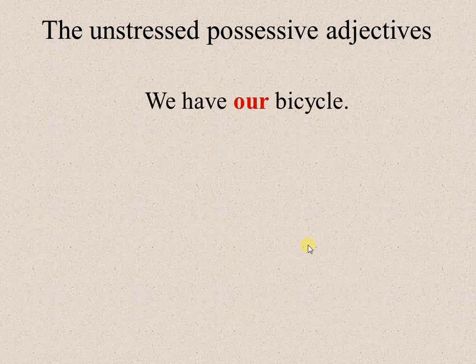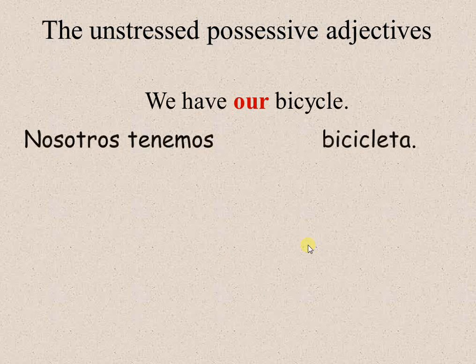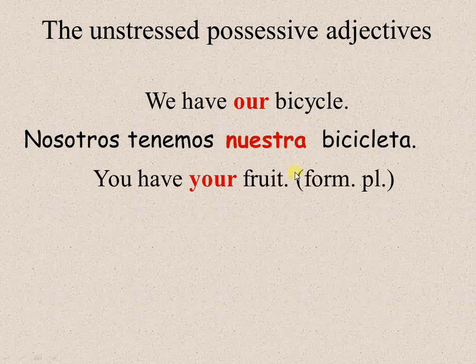Now watch this one. We have our bicycle. Now, bicycle is a feminine noun, and our is something that you need to be careful with. So I need to say, nosotros tenemos nuestra bicicleta to agree with the noun that I possess. Okay? You have your fruit. Ustedes tienen su fruta.